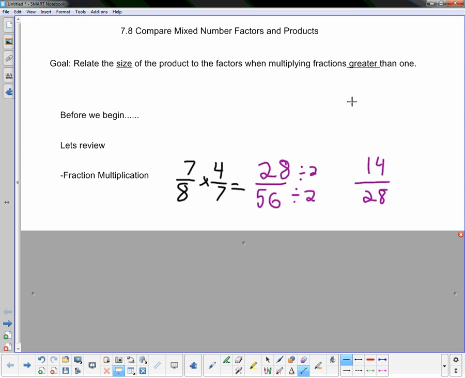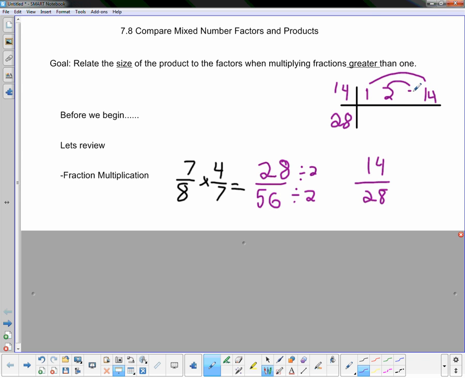Now I can find my greatest common factor between 14 and 28. Now, factors of 14: 1 and 14, 2 and 7. 3 can't go into 14, 4 cannot, 5 cannot, and 6 cannot.